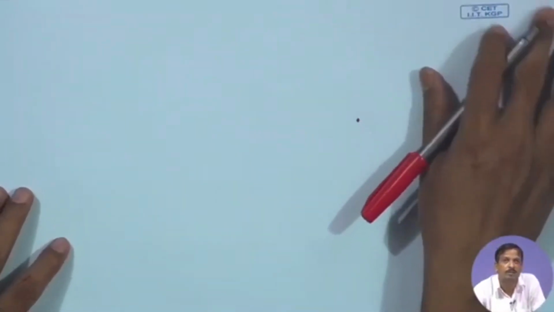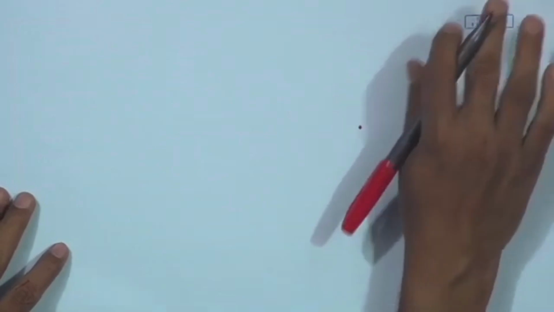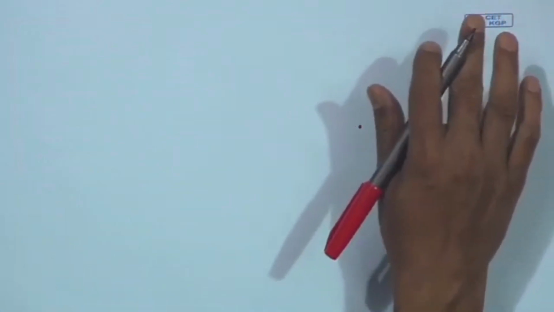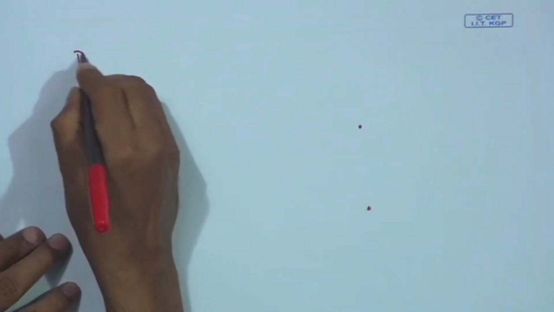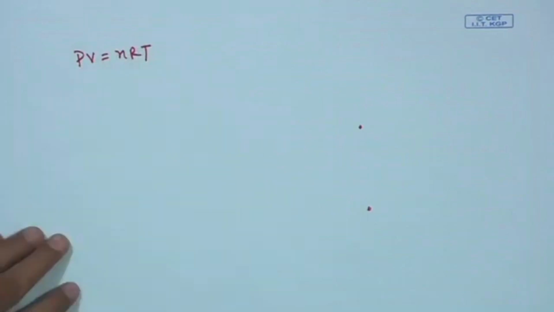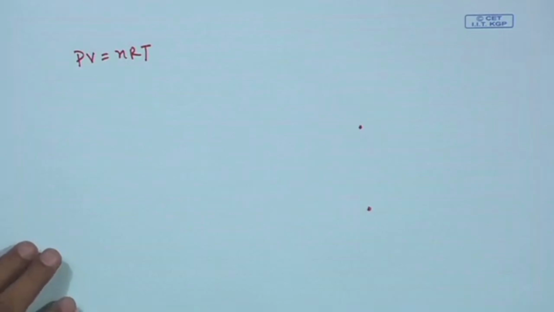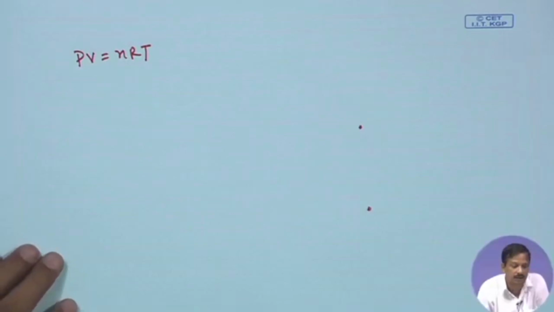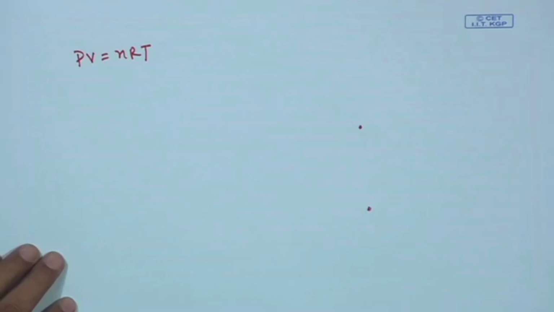Now I come to the gas law. What does the gas law say? P V is equal to n R T. You know, n is moles of air, R is the gas constant, T is the temperature in Kelvin. That is the adiabatic gas law, I can say.